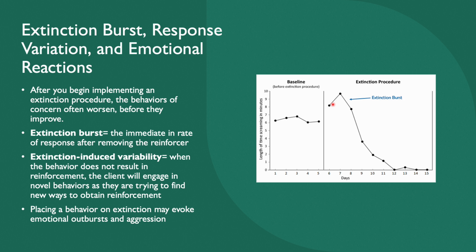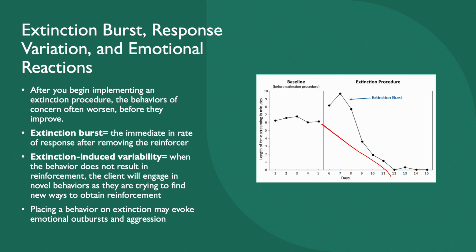It's that change in how often the behavior is occurring, or in this case, the duration of a particular behavior. But you would expect that if I'm implementing a procedure to reduce a behavior, well, why didn't it just go down, right? Why didn't the behavior just go down?